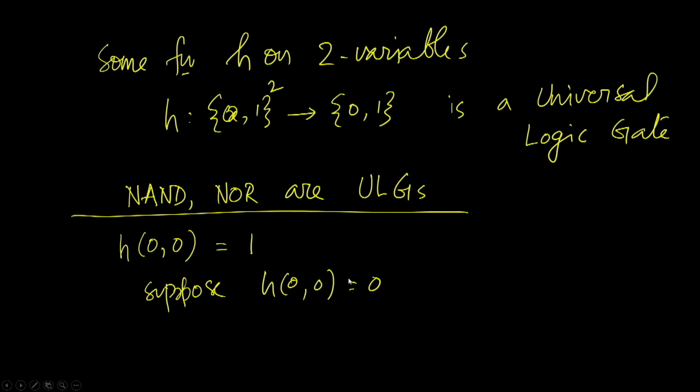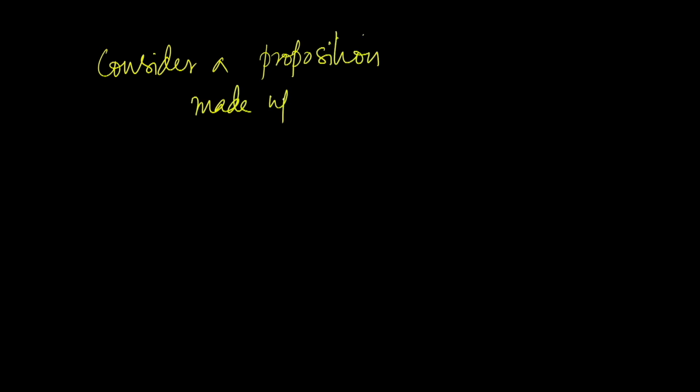That is, when both the inputs to h are 0, then the output is 0. Then consider a logical expression, a Boolean expression that is synthesized using h. Consider a composite proposition made up of h connectives.